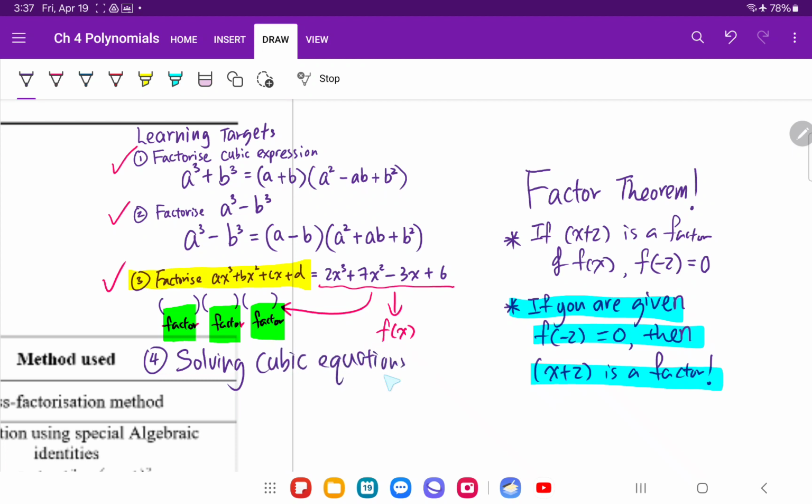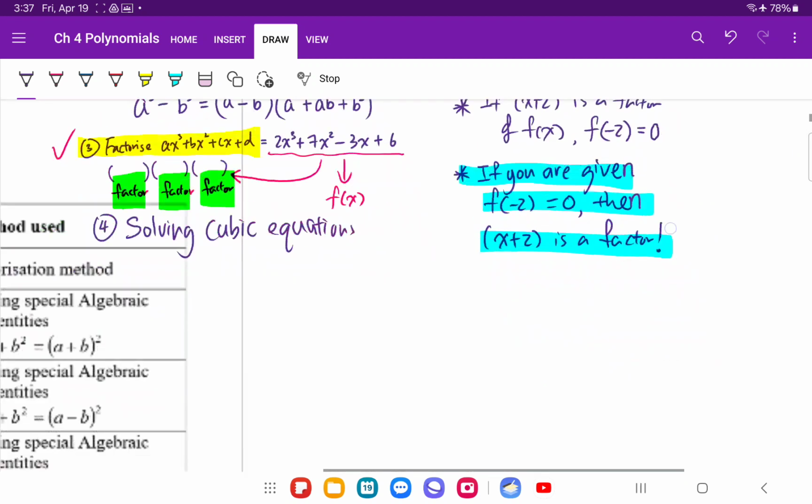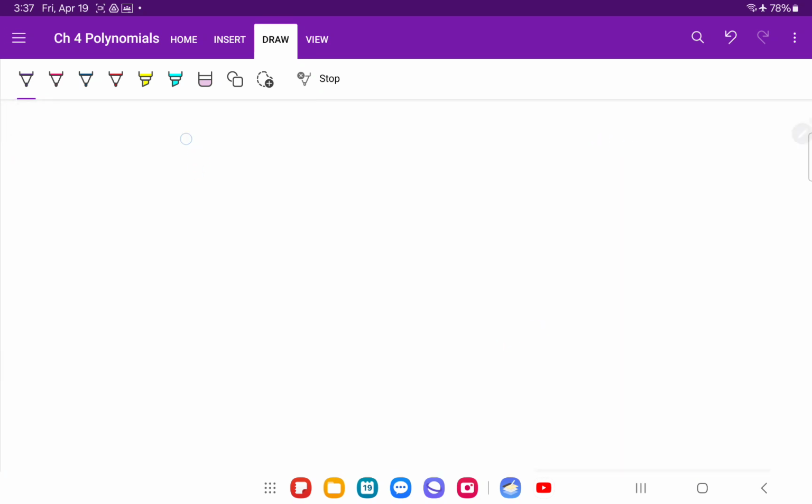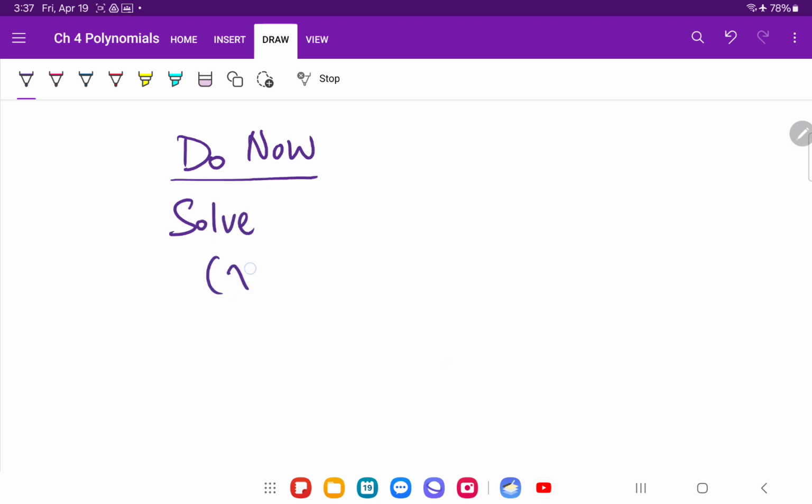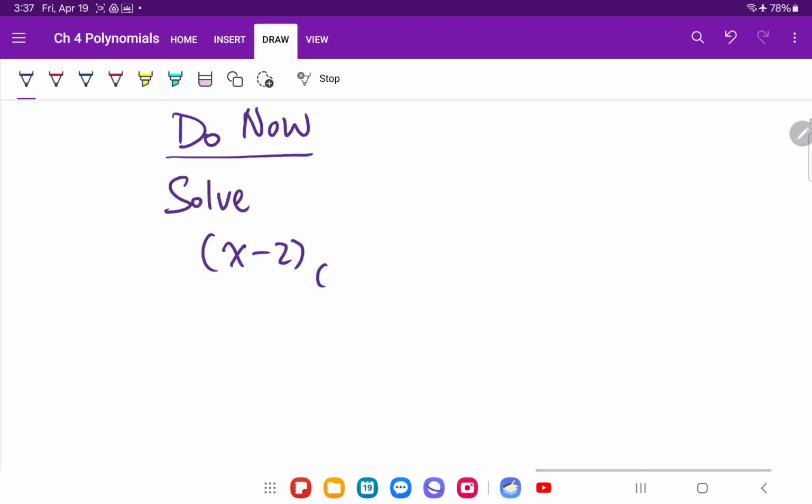And the technique is actually very simple. It is related to how we solved quadratic equations in E-Math. Let's revise that. Okay, let's have a quick Do Now. How do you solve this quadratic equation in E-Math? Let's say (x minus 2)(2x plus 3) equals 0.